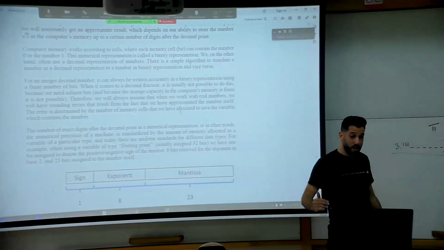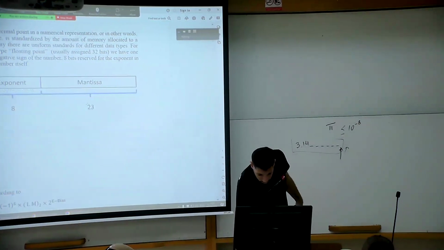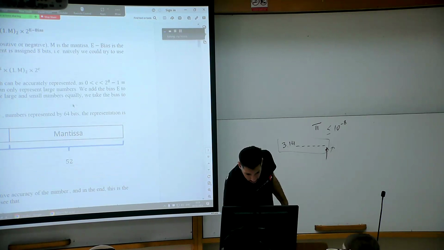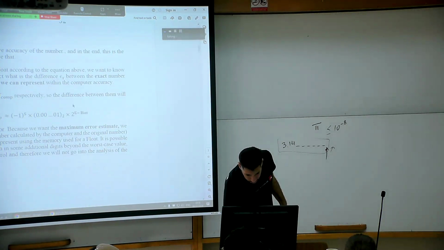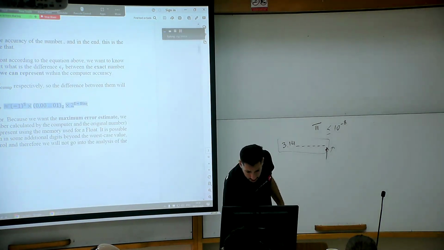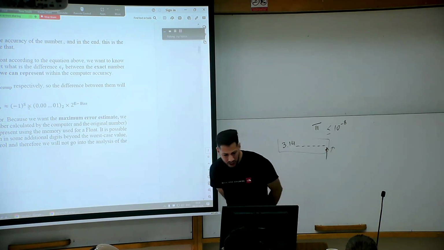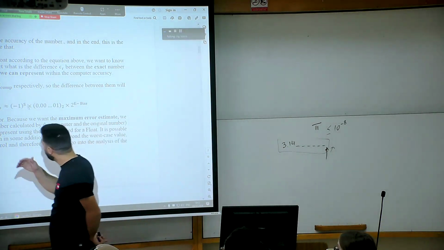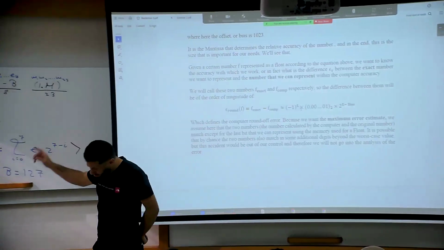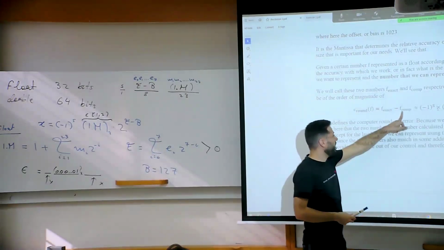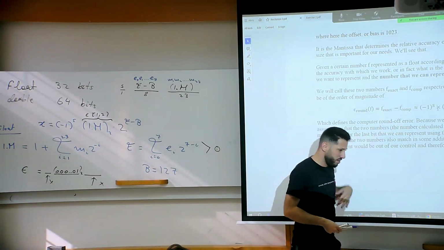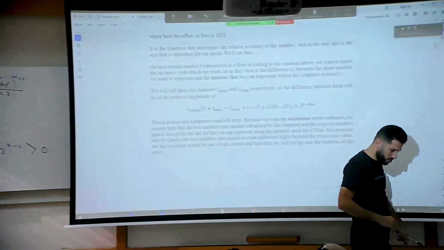So what is the relative error of that number? That's the error itself, and I much prefer f computation minus f exact, not f exact minus computation.